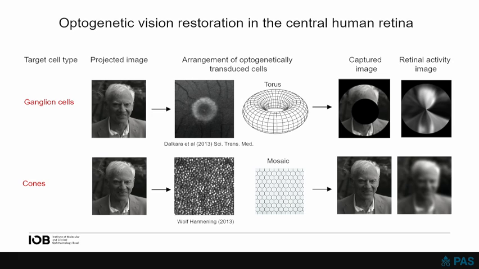You can beautifully see this torus in a monkey injection here, very similar to what you would get in humans, where the ganglion cells are on this ring or torus. So if you have a light sensor on a torus, if you look at the face, there's nothing in the middle of the face because there's no ganglion cell there.